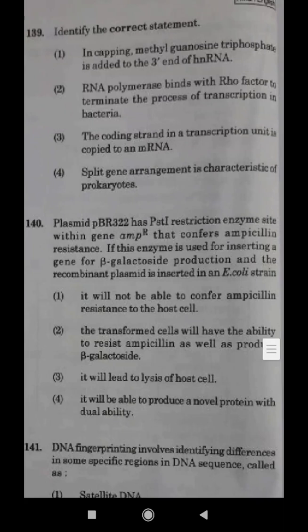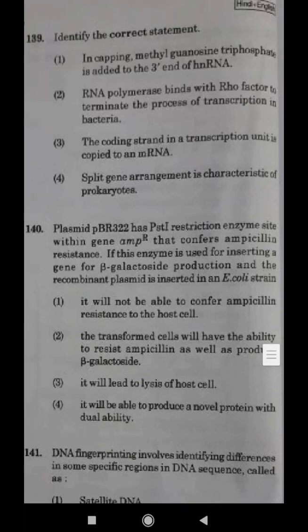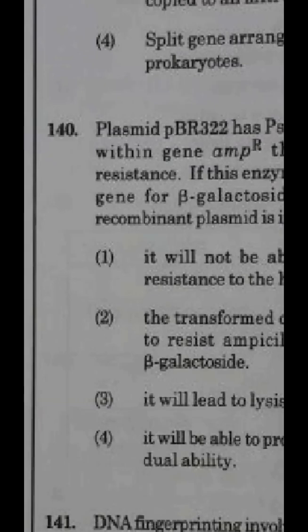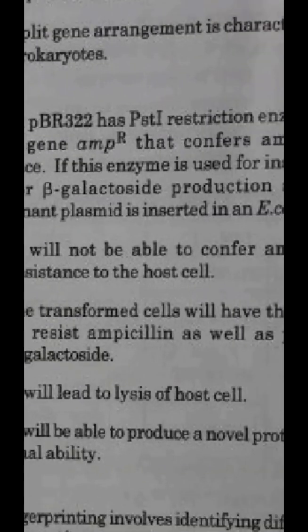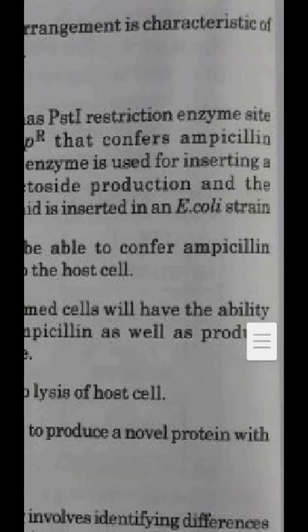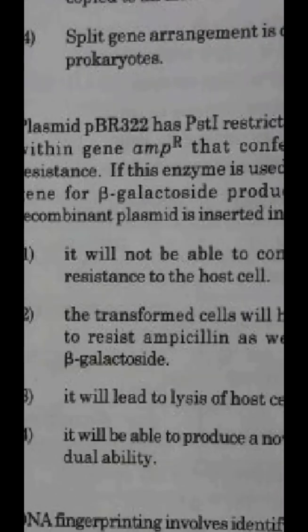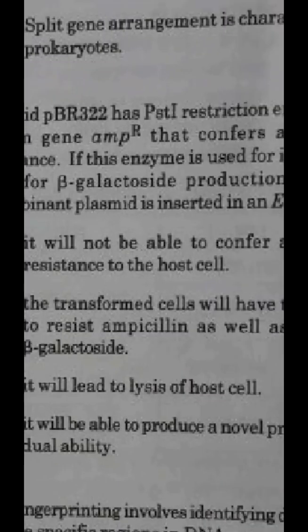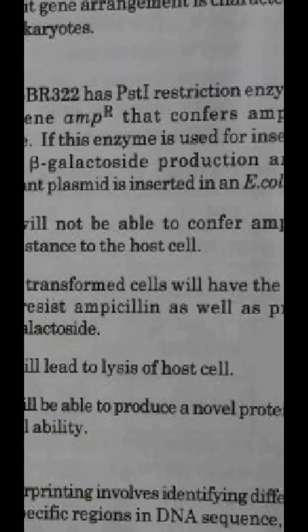Next, we are moving to question number 140. The plasmid pBR322 has a PstI restriction enzyme site within the gene for ampicillin resistance that confers the ampicillin resistance. If this enzyme is used for inserting a gene for beta-galactosidase production and the recombinant plasmid is inserted in an E. coli strain, what will be the answer?